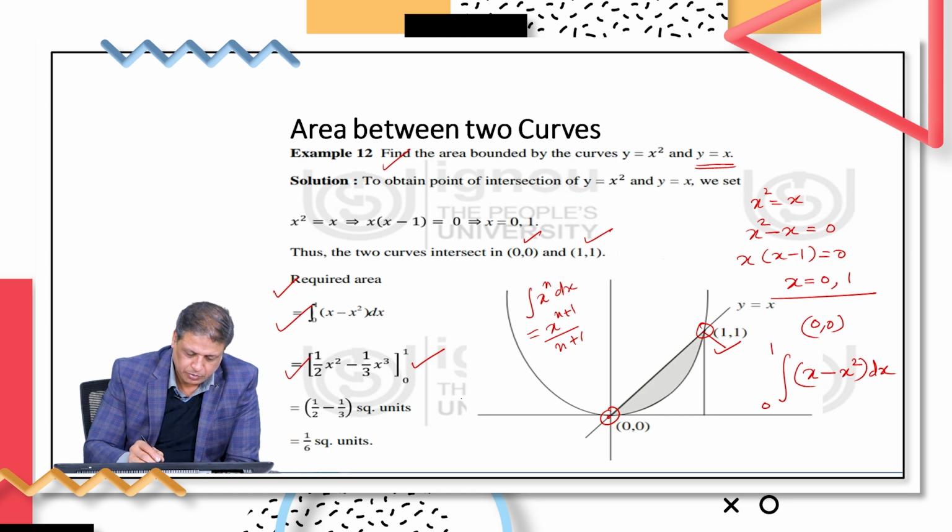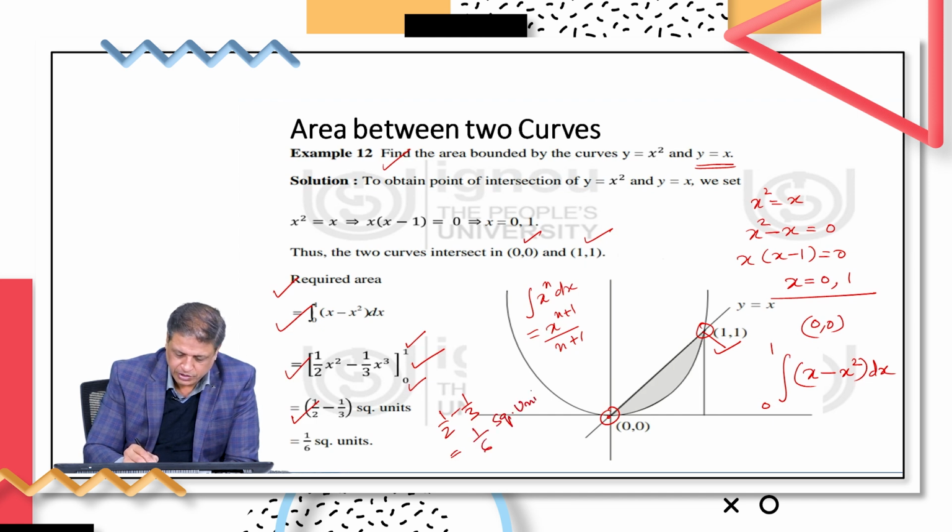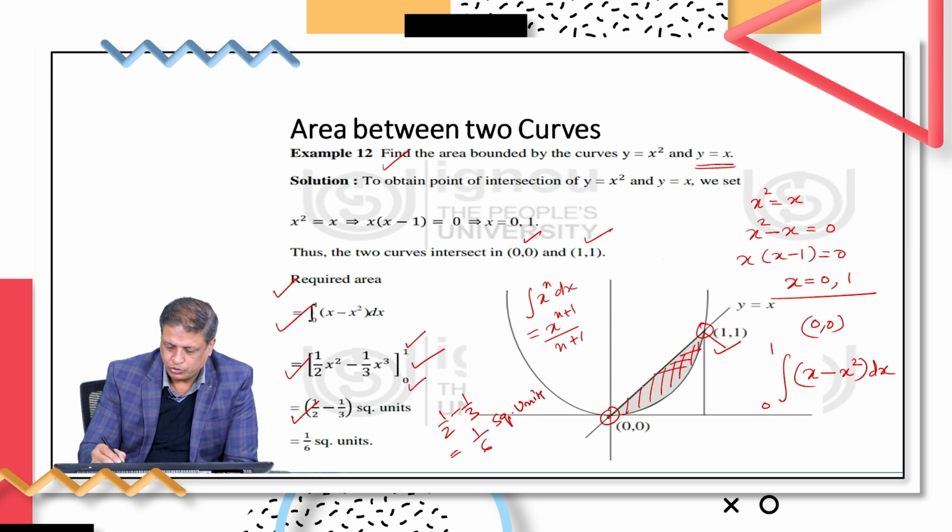Solving it for the definite integral, substituting the values 1 and 0, you will get 1 by 2 minus 1 by 3, which turns out to be 1 by 6 square units, and this is the area in between the two curves.